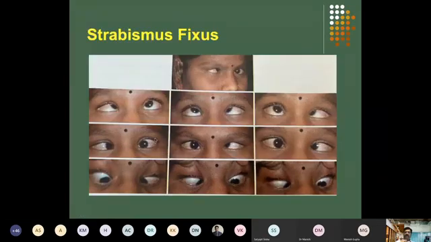Then this we have discussed earlier. Strabismus fixus presents with very high myopia and a large angle esotropia with limitation of movement, and this is also called heavy eye syndrome. Because of the large eyeball and limited movement space in the socket, it leads to esotropia. So what do we do in such cases?